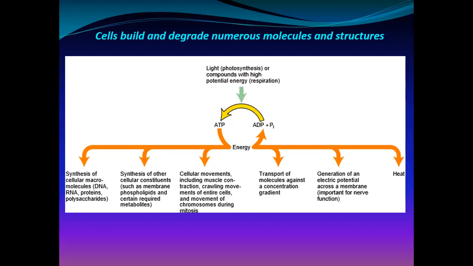So why is ATP needed? For synthesis of macromolecules like DNA, RNA, protein, polysaccharide. And we need ATP for synthesis of cellular constituents like membrane, phospholipids, and certain metabolites, and for cellular movements, right?